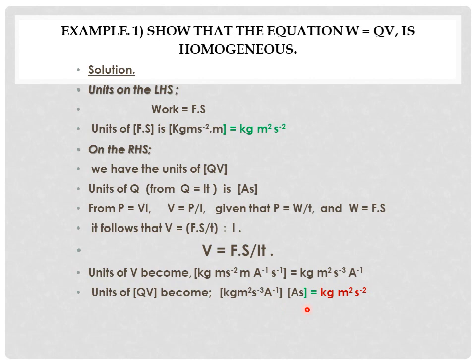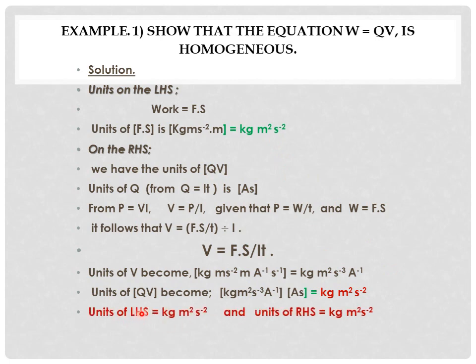They check themselves out. Second to the power 1 multiplied by second to the power minus 3 will reduce it: minus 3 plus 1 reduces it to minus 2. Meter remains to the power 2 and kilogram remains to the power 1. So the unit of QV is kilogram meter square second to the power minus 2.